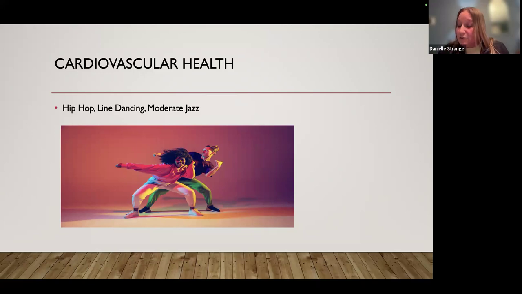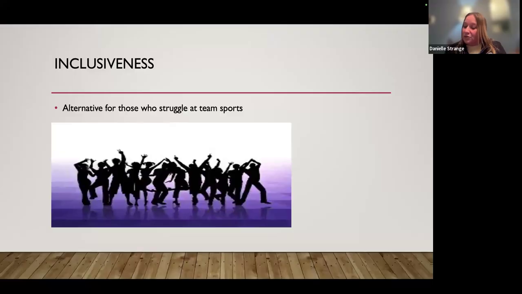So next slide is inclusiveness. And I talked about those. It's an alternative for those who struggle at team sports. A lot of my special needs students are very much into dance. Just kind of introducing them, because they may not be the strongest at basketball, but this is a way to get them engaged and working with other people.